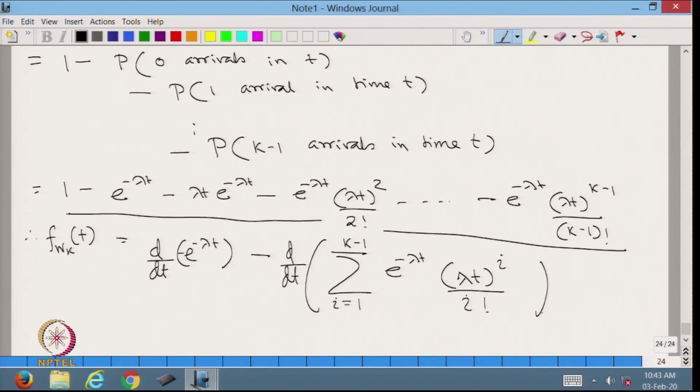So, I have separated out this term from the rest because it has only one term involving t, while the others have two terms involving t.